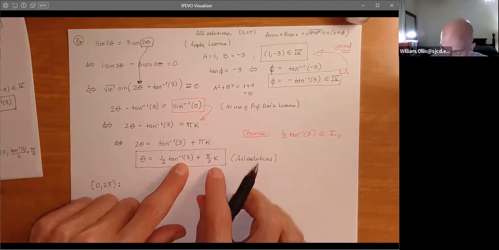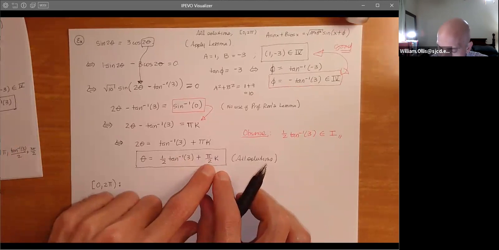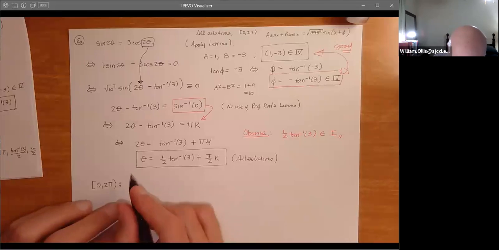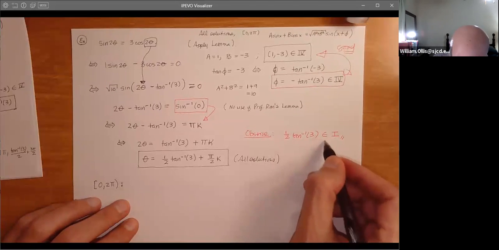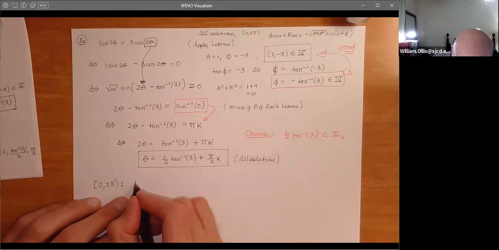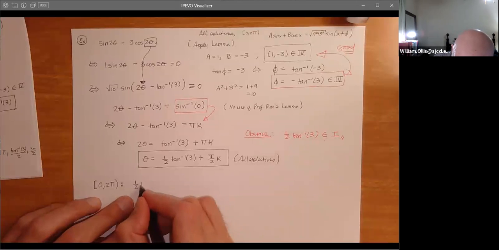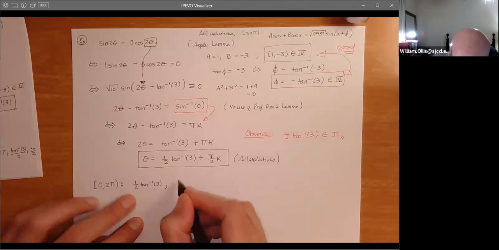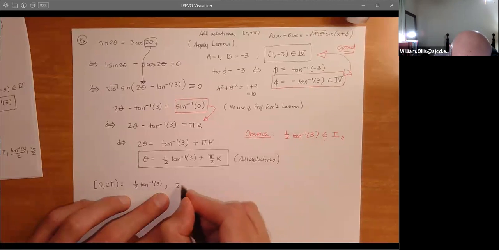So this is set up just like the last one, but we don't need the nice denominator so much because we're not going to combine them like we did before. We're using the logic that we use from here. So this will be 1/2 tangent inverse of 3.